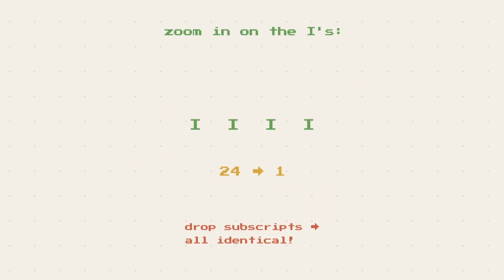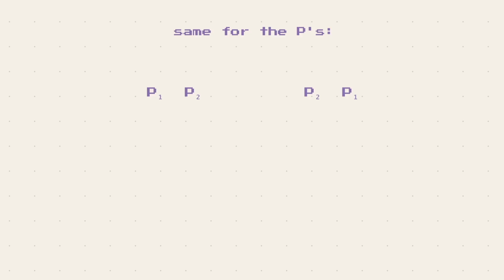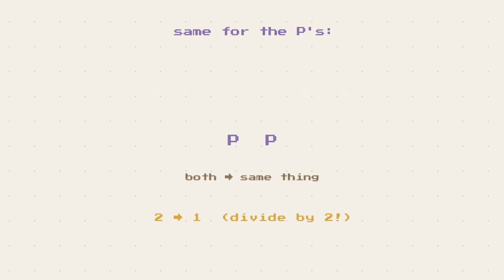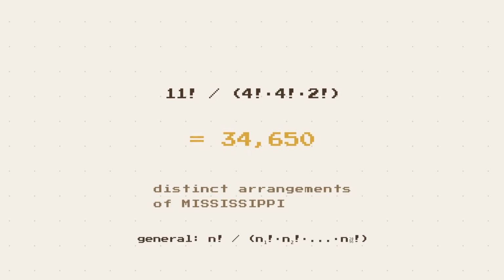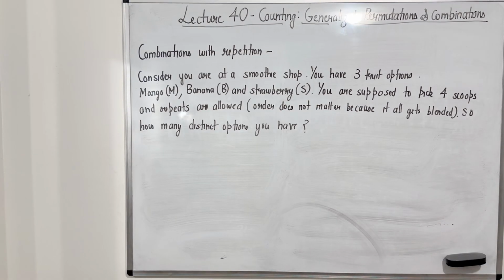So divide by 4 factorial for it. Same thing for P's. Since there are two P's, you divide by 2 factorial, because that's how many arrangements are possible. And same for S as well. Okay, so 11 factorial over 4 factorial, 4 factorial and 2 factorial gives you 34,650 arrangements.